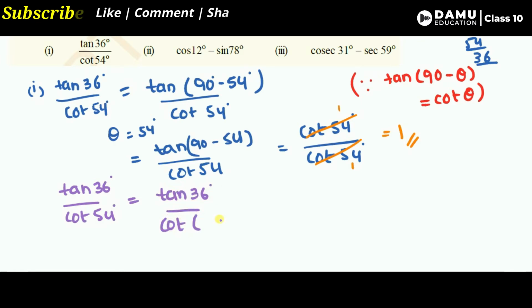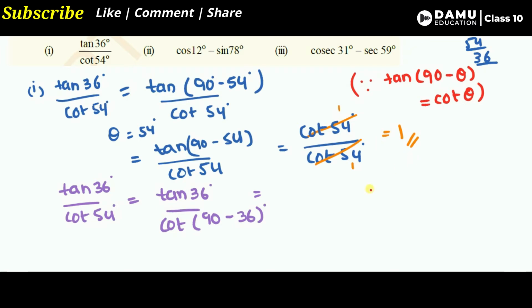Then cot 54 you can write in the format of cot (90 minus 36). What is 90 minus 36? It is 54. If you subtract 90 minus 36, we get 54, and if you subtract 54, we get 36.